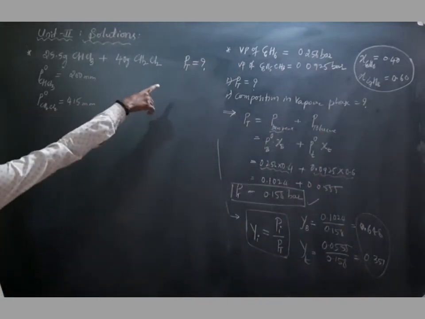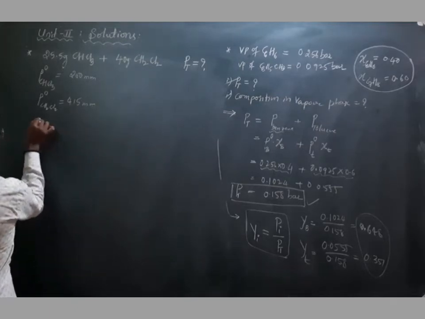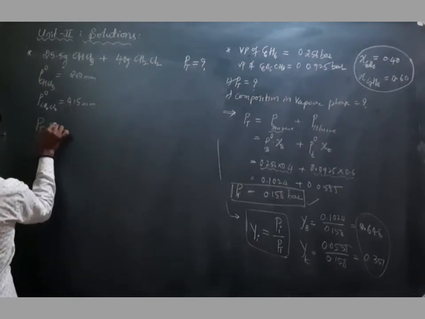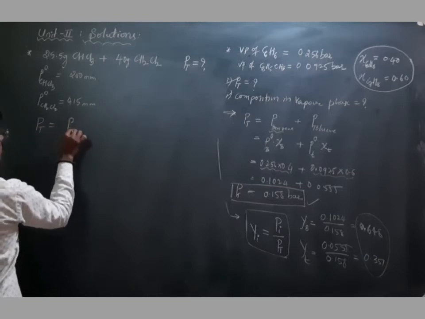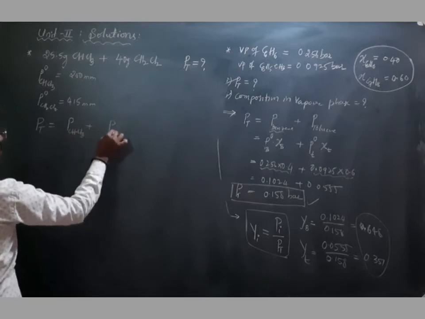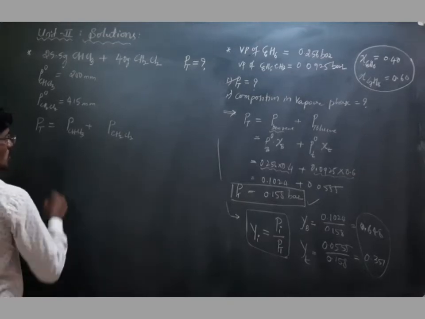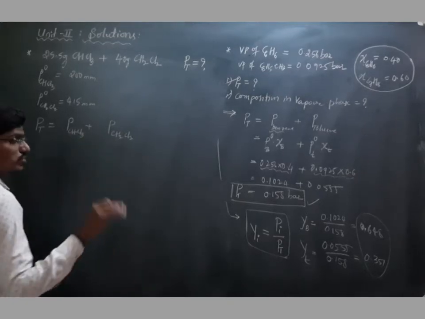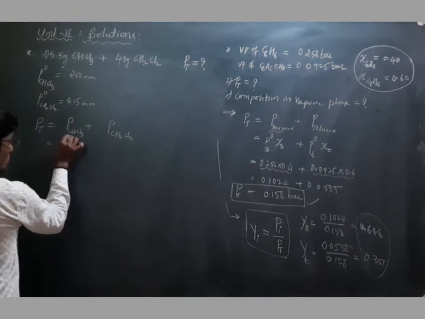Now, to calculate this total pressure, we have the formula: total pressure is equal to the partial pressure of chloroform, CHCl3, plus the partial pressure of dichloromethane. These two values we don't know, so let us first calculate them according to Raoult's law.